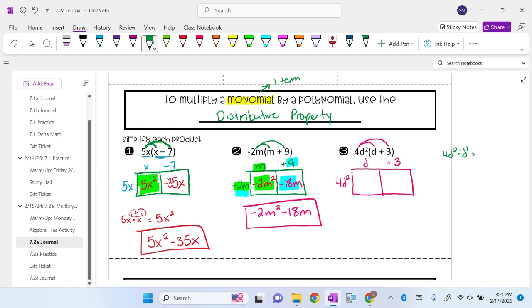So 1 times 4, that's still 4. D squared and d, you add those two, so this would be d cubed. So this would be 4d cubed. Then 3 times 4d squared. 4 times 3 is 12, and then you slap on a d squared. So when you bring it out of the box, included its signs, it'll be 4d cubed plus 12d squared.